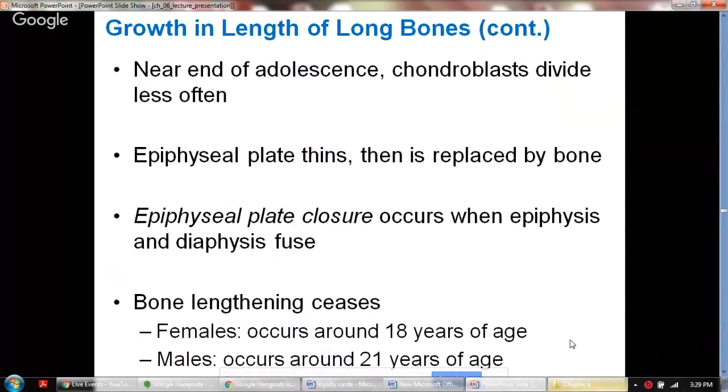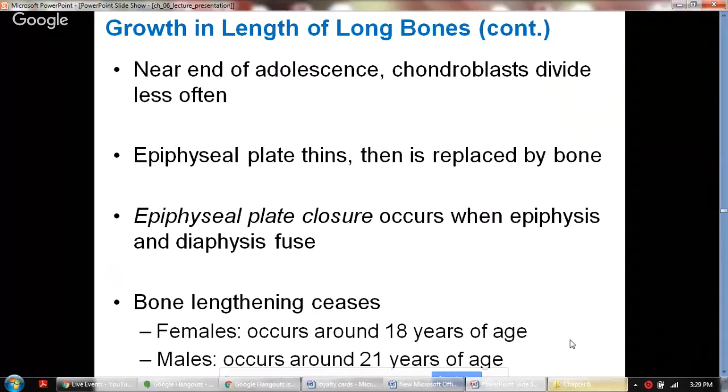So near the end of adolescence, the chondroblast cells divide less often, and at that time the epiphyseal plate thins and is replaced by bone. So epiphyseal plate closure happens when the epiphysis and diaphysis fuse together, and there's no more cartilage in between the epiphysis and diaphysis once the epiphyseal plate closes.